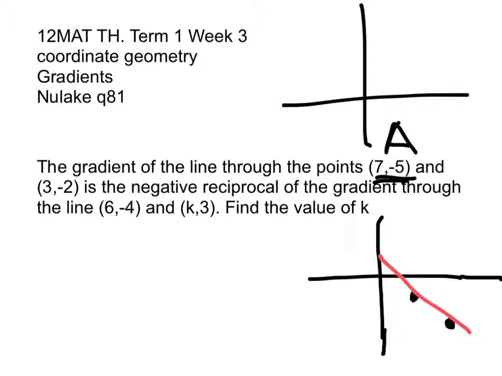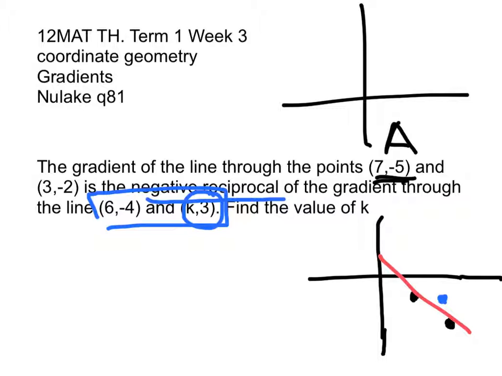So what we're trying to find is that first gradient, and then we're going to find the negative reciprocal of that gradient, and it's going to go through 2 points. One of those points is going to be 6, negative 4, which is going to be somewhere around here. It might be on the line or it might not be, and some other point, k and 3.